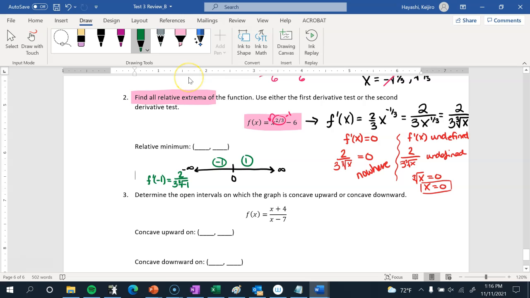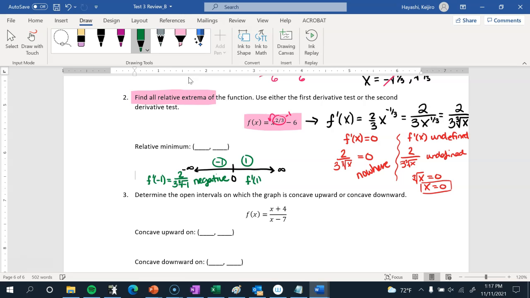Now, the cube root of -1 will be -1. -1 times 3 is a negative. So the bottom is negative. A positive divided by a negative will be negative. We don't even really care that it becomes negative 2/3 or whatever. All that matters is that it's negative.